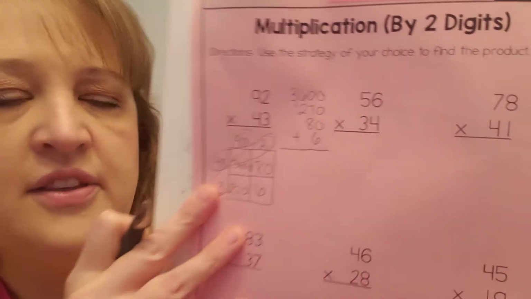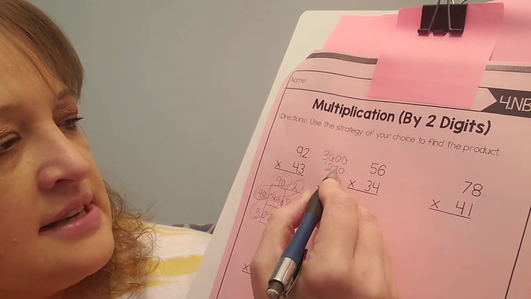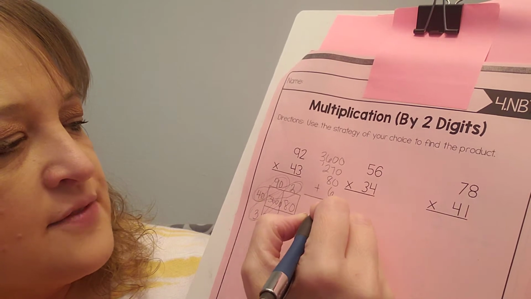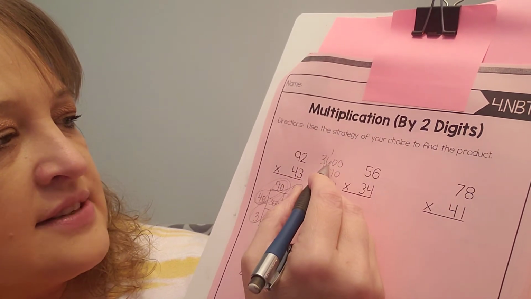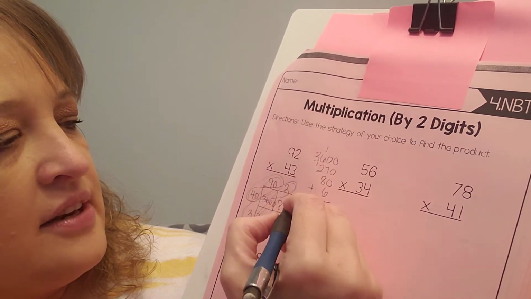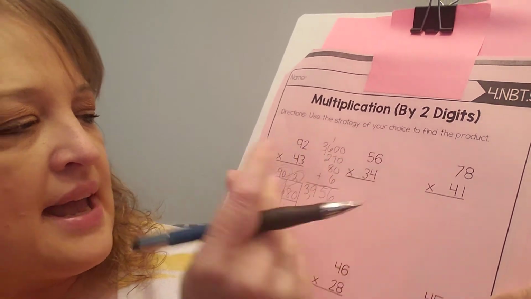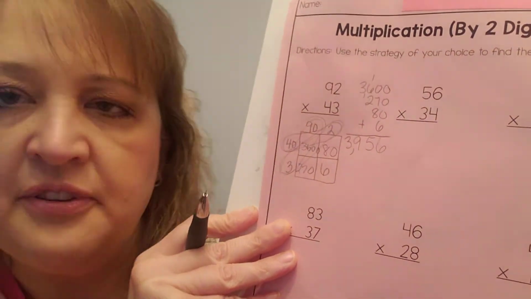Okay, I'm just adding those up. So I have 6. 7 plus 8 is 15. Put down the 5, carry the 1. 6, 7, 8, 9. And then 3. So my answer is 3,956.